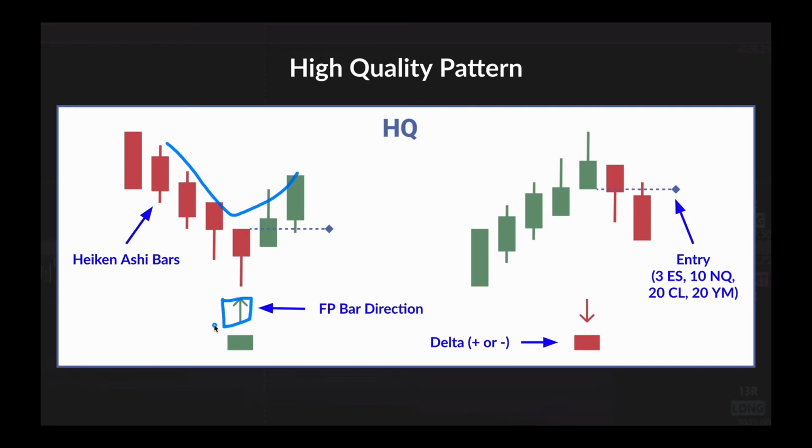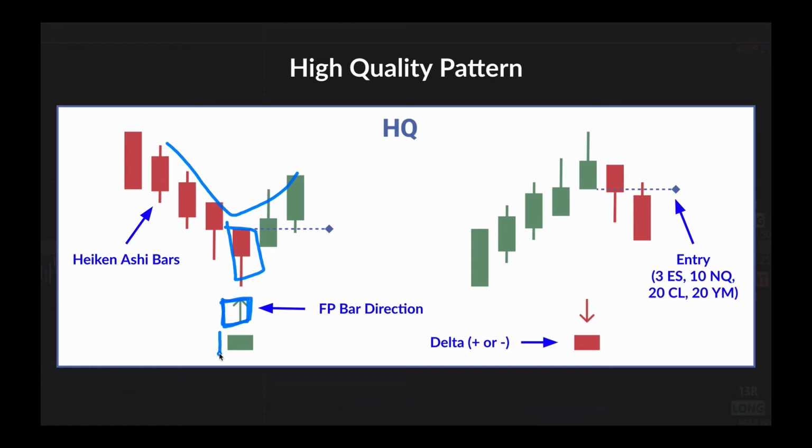And what's that telling me? All it's telling me is that a normal candlestick would have closed green. Heikin-Ashi is different. Okay, so as you learn a little bit about Heikin-Ashi, you can actually have a red Heikin-Ashi bar and a green candlestick. It takes some volume and other things into account. But this is really important that my footprint bar is green.